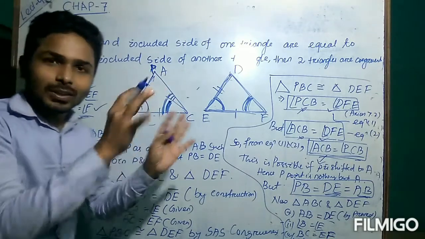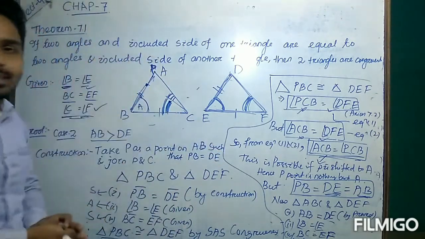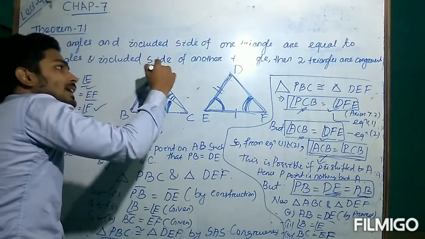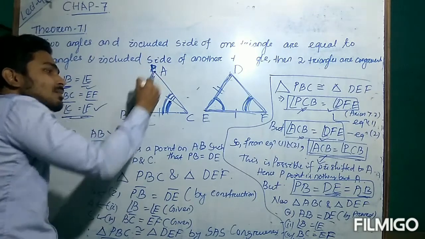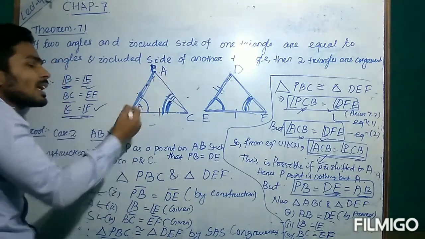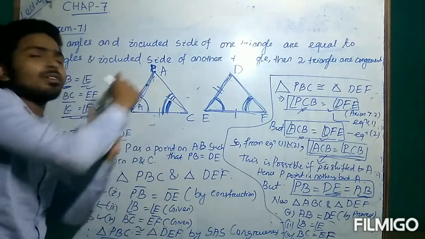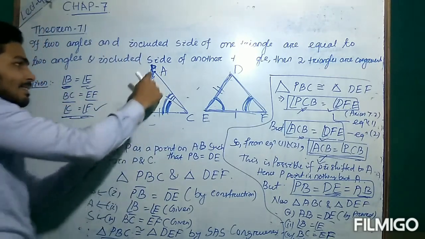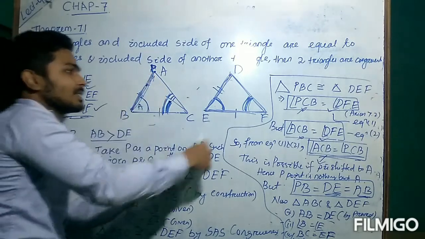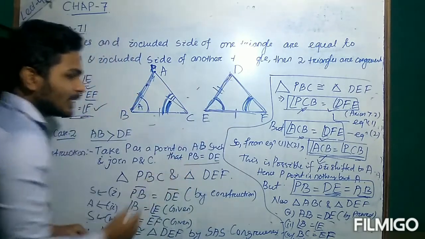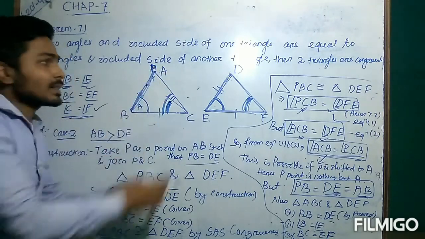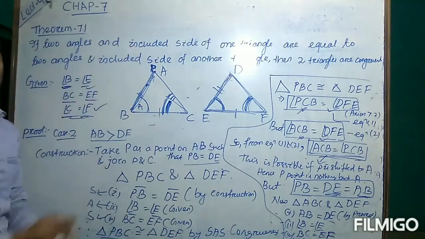Hence P and A are not different vertices, they are the same vertex. If P is shifted to point A, then this distance PB is also equal to AB, because this is a side for PB, and it is also a side for AB. And we know PB is equal to DE from the construction, and we proved that PB is equal to DE is equal to AB.